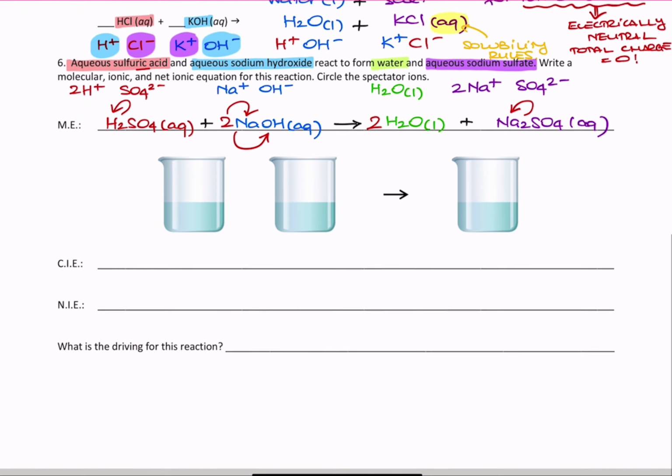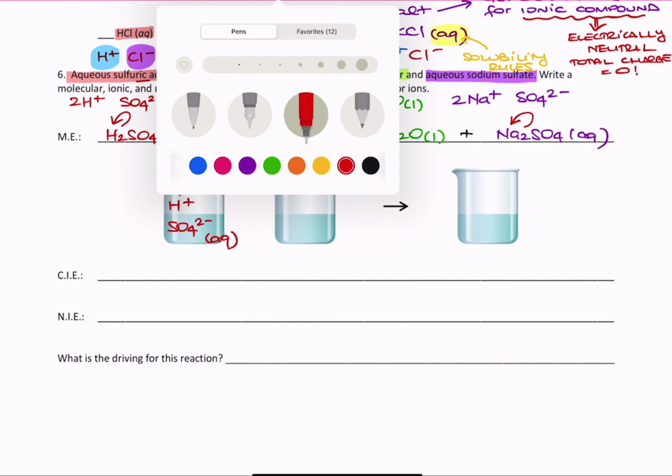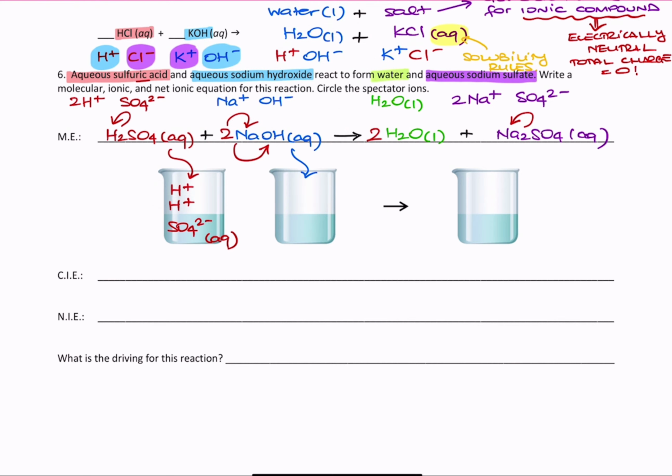Let's take a look at what we have in our beaker. The first beaker contains sulfuric acid, ionized, 2 H plus ions and the sulfate polyatomic ion, all in the aqueous state. The second beaker consists of 2 of the sodium hydroxide aqueous, so we're going to have 2 of the Na plus and 2 of the OH minus, all in the aqueous state.